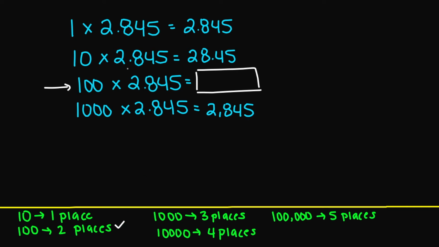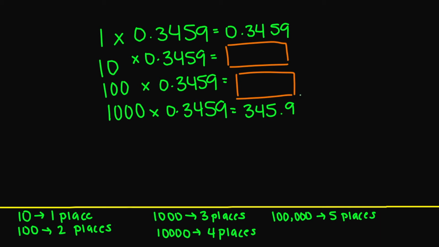So if I have my 2.845 here, if I do 1, 2, it puts me right here between the 4 and the 5. So your answer is going to be 284.5 as your answer. And remember, you can add your imaginary 0 here after the 5 if you want to, but you do not have to.